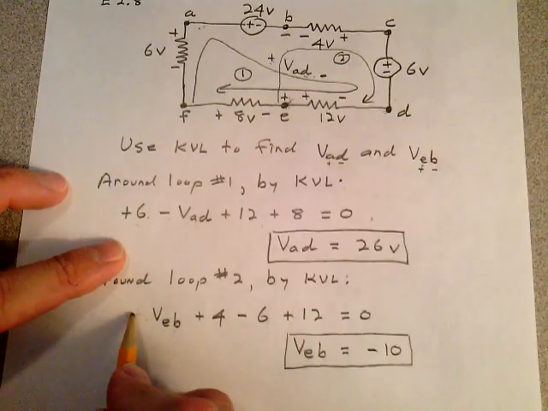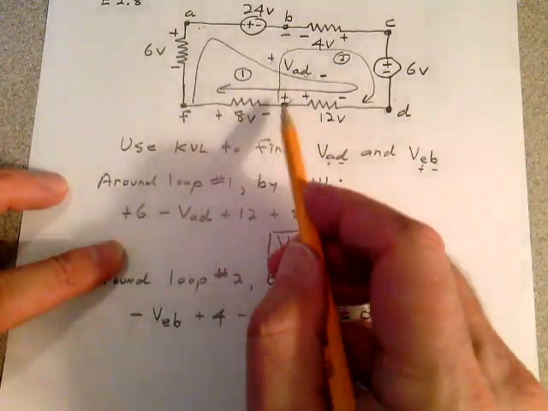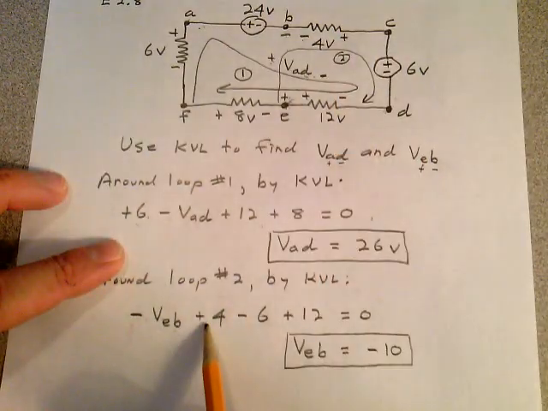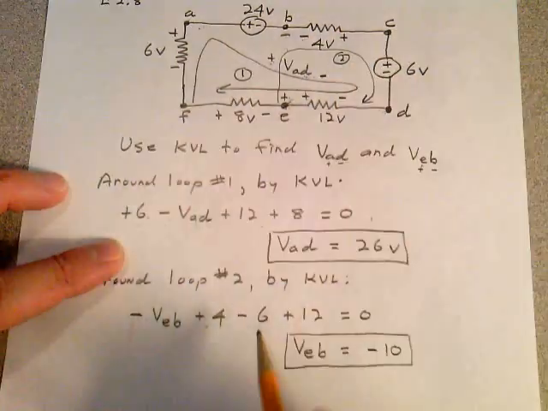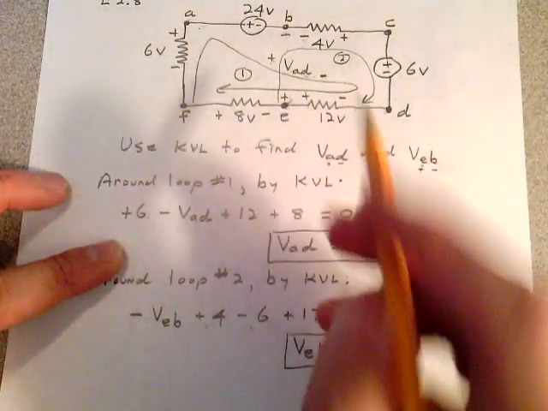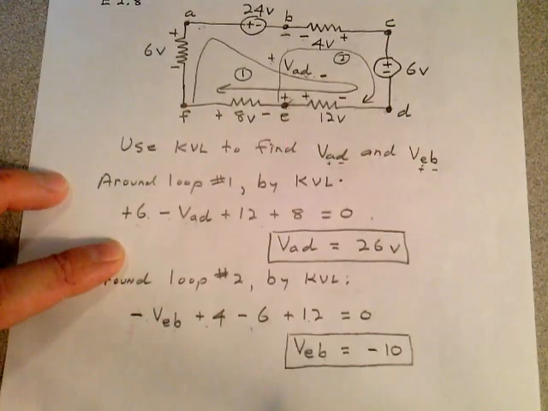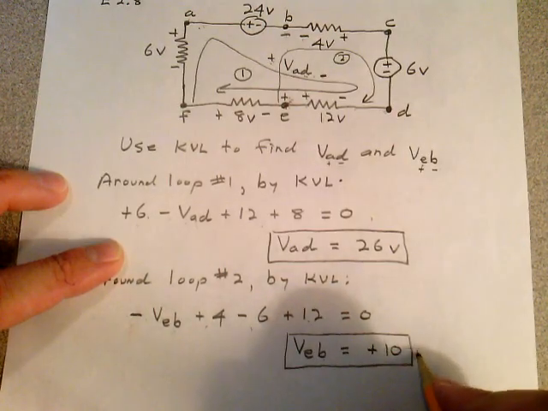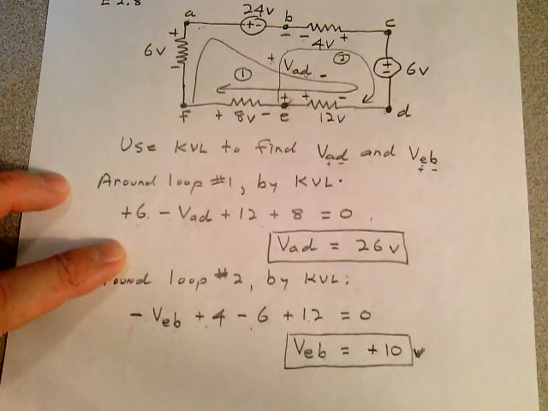Minus VEB, minus plus 4, minus 6, plus 12, and we're back to that point again. If you solve this, you get a plus 10 volts. The author was right.